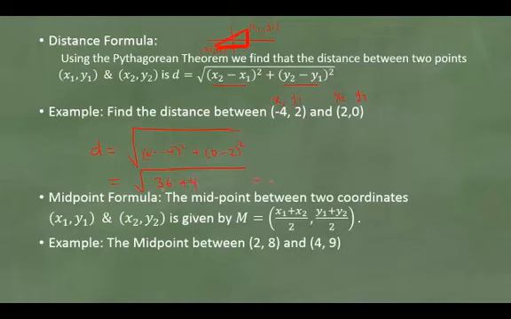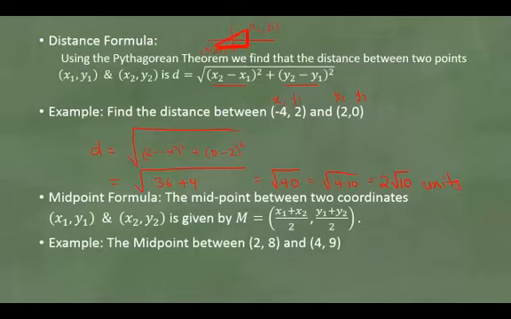So this is just the square root of 40. The square root of 40 is the square root of 4 times 10. The square root of 4 is 2. The square root of 10 is just the square root of 10. So 2 square roots of 10 units away.